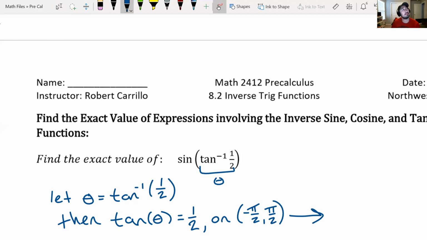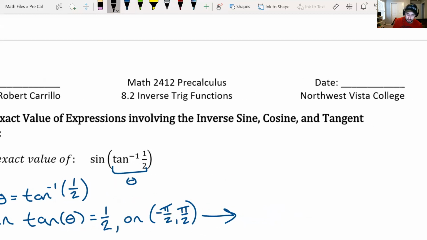The inverse tangent restriction unit circle, however you want to word it. Okay, so here we go. We plot that, and here are the restrictions, negative pi over 2 to pi over 2.